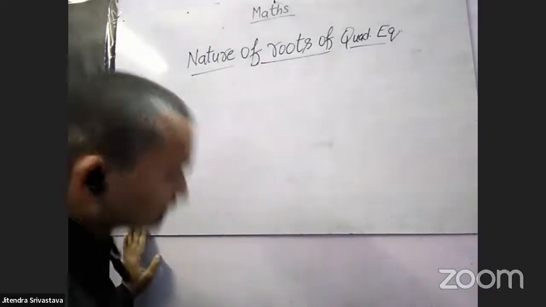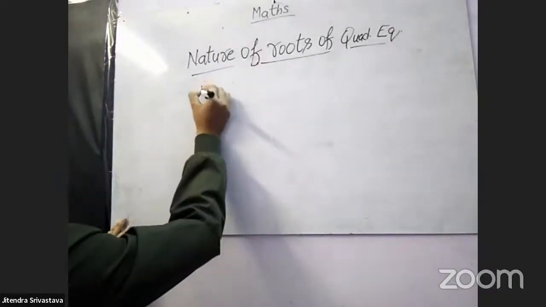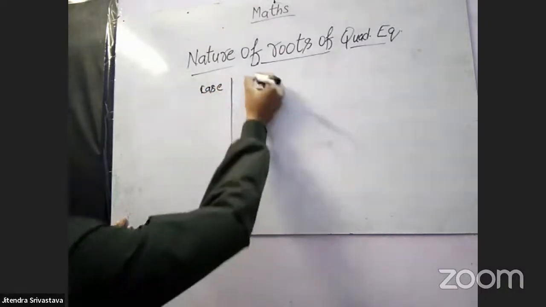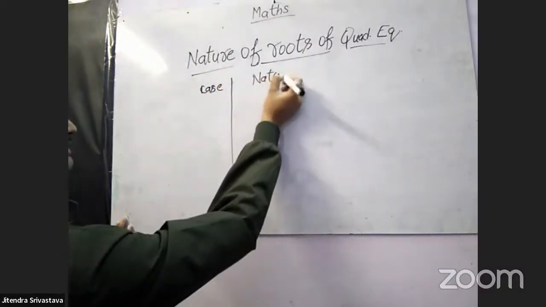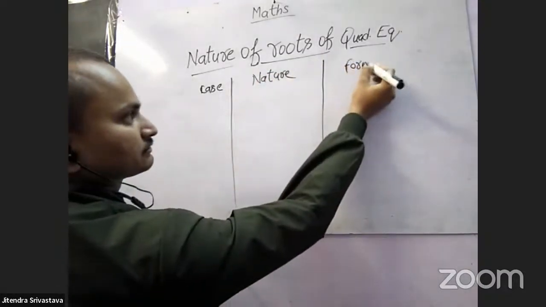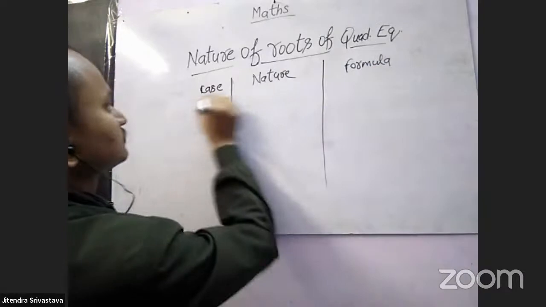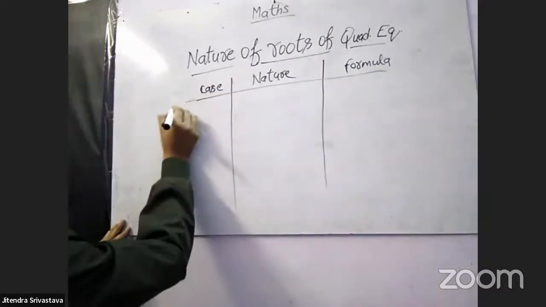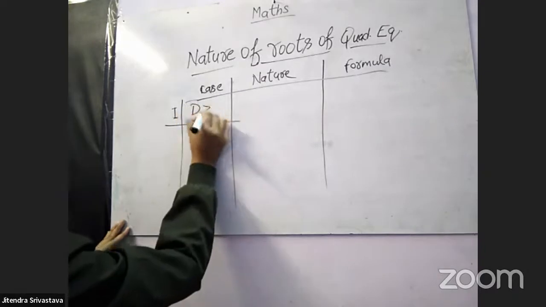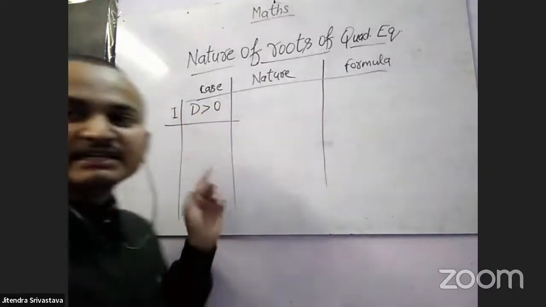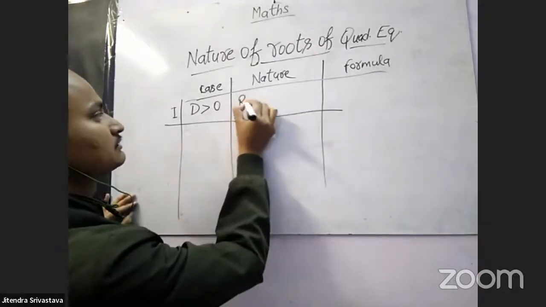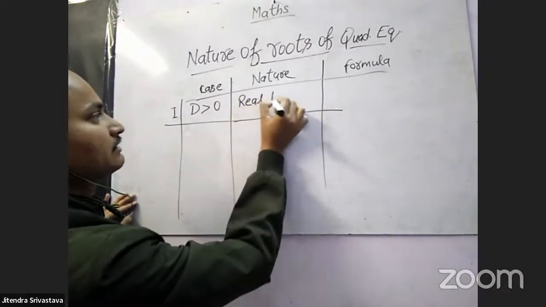How will we make a chart? First of all, cases. Right here case, and here nature and formula. So in case 1, if d is greater than 0, then roots will be real and unequal.